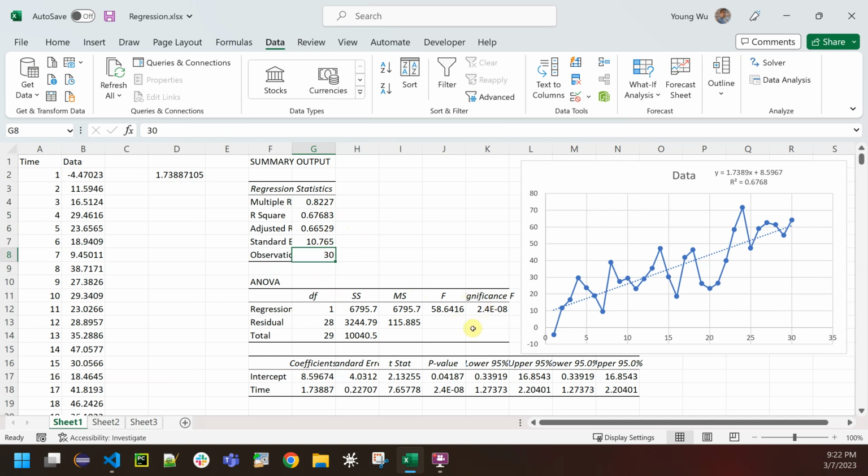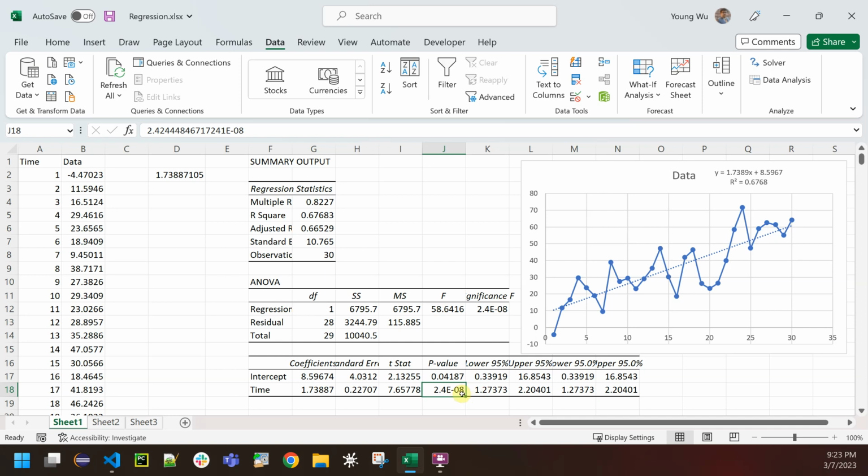And the next important value is the f value or the p value here. So if there's only one variable, these two numbers should be the same, and they kind of represent the probability that the slope or the trend is non-zero.